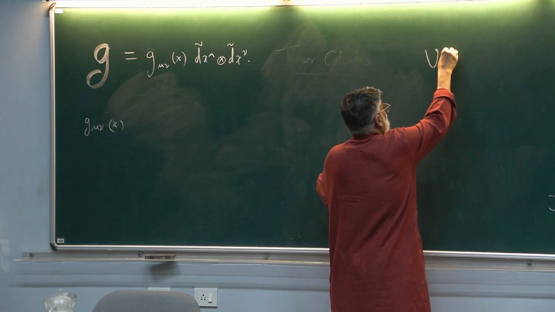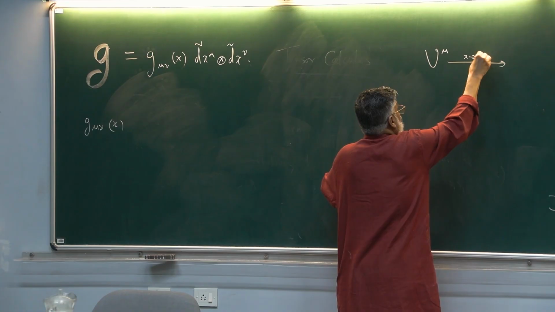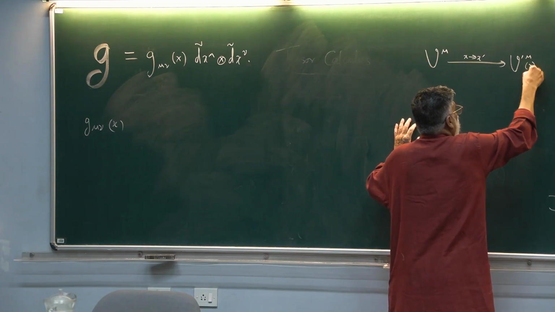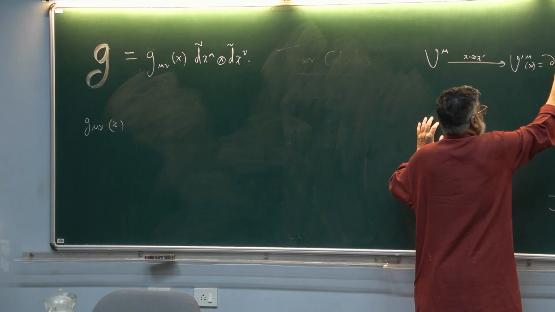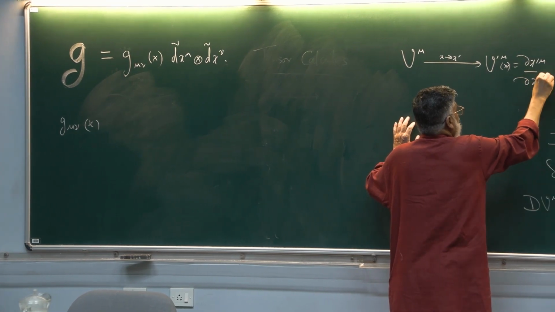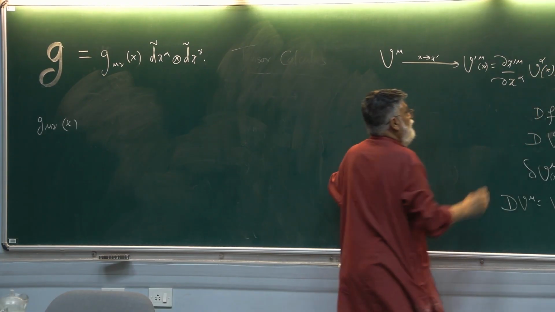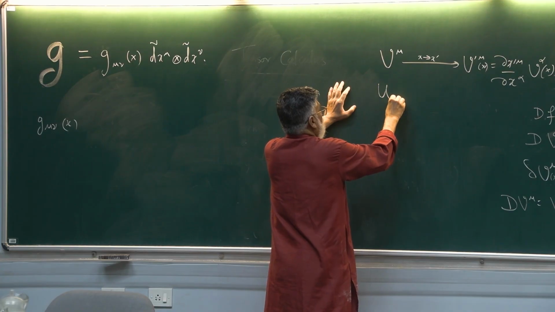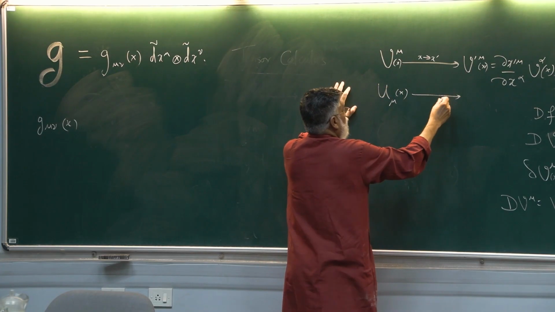When you go from coordinate x to x prime, V prime mu of x prime is such that this is how contravariant vector fields transform, and covariant vector fields transform like this under coordinate transformation.